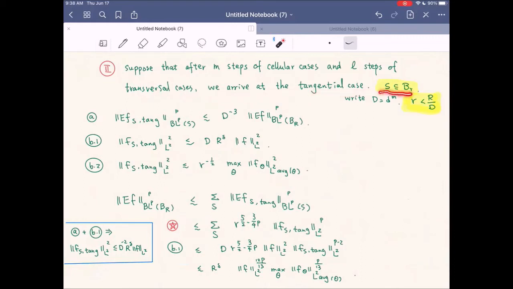Now imagine those functions are tangential to a fat surface S inside a ball of radius R, where we don't have any control on this radius R. It just happens with the function itself. Now for simplicity, let me write capital D equals d to the m. And all we know from the previous steps is that this small r should be bounded by capital R over D.